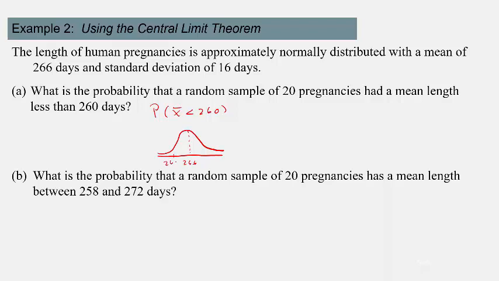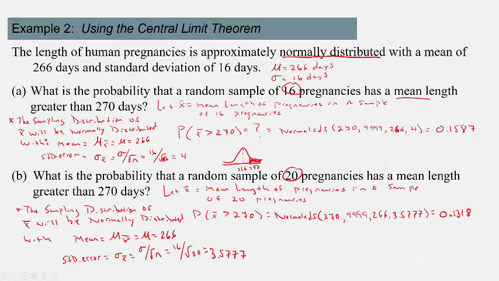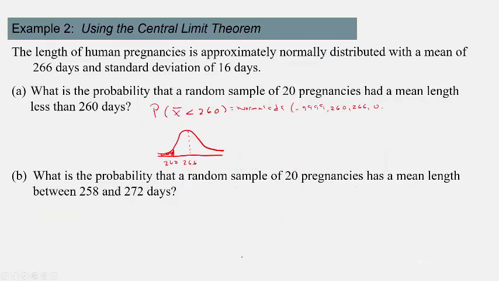I want to be less than 260, so I'm going to shade to the left. So this is going to be the normal CDF. So left-tailed test, the lower is going to be minus 999 to 260 to 266. And that standard deviation is 3.5777.